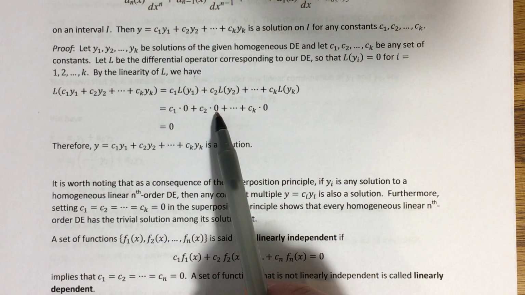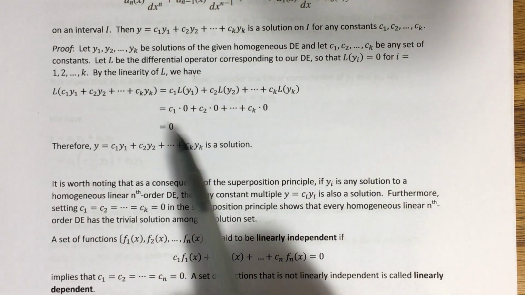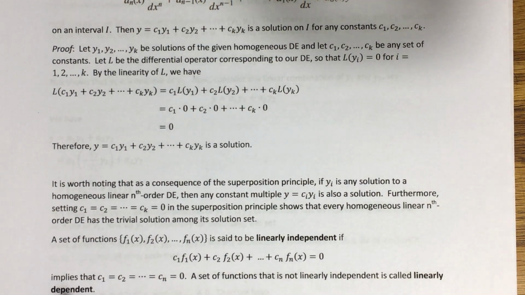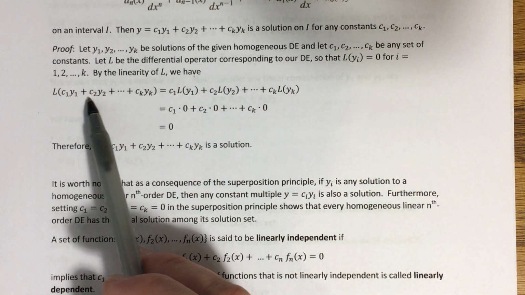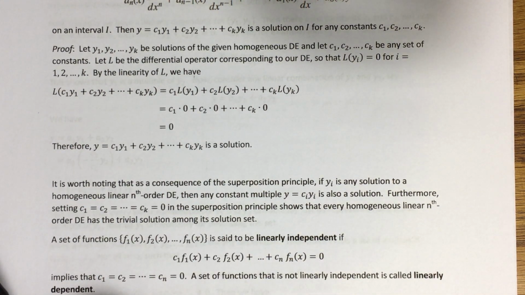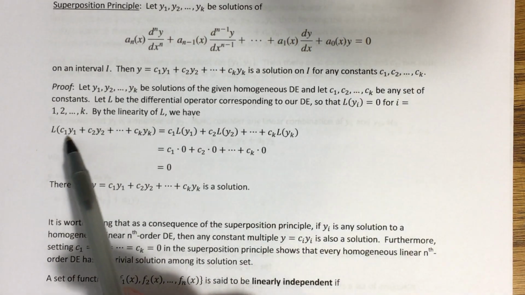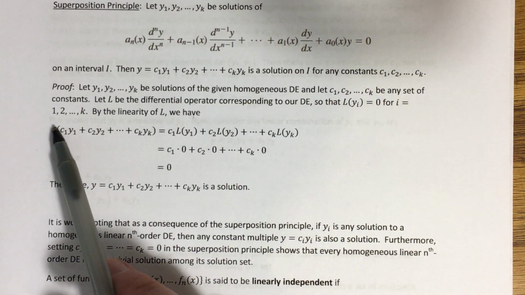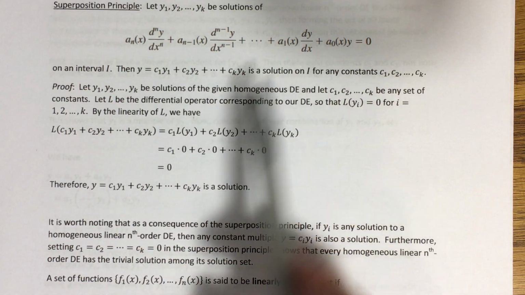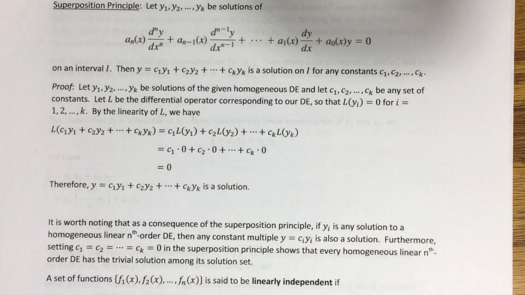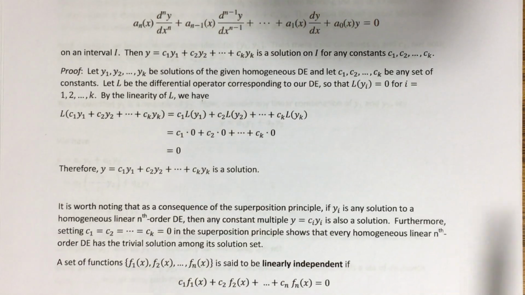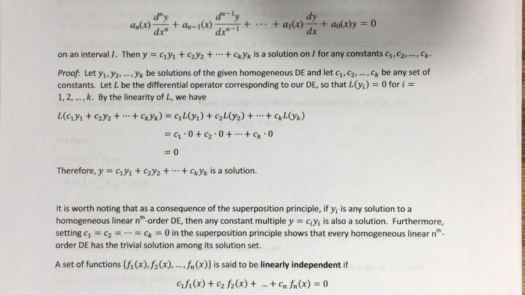C1 times 0 plus C2 times 0 plus all of those C's times a 0 is just going to add up to 0 anyways. But that shows that this thing here is a solution to the homogeneous equation given up here, because I plugged that into the operator that gives me this left-hand side, and I got 0 like I was supposed to get. So that establishes that important result.